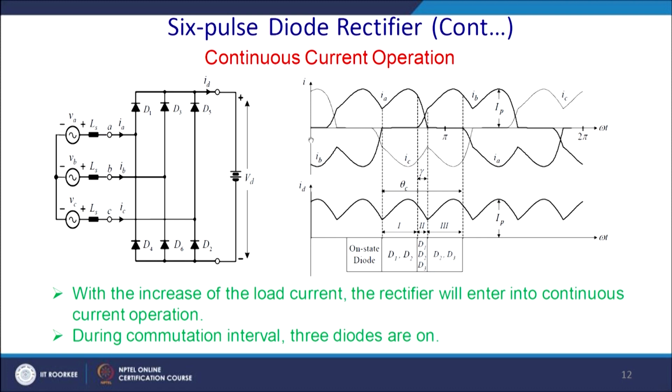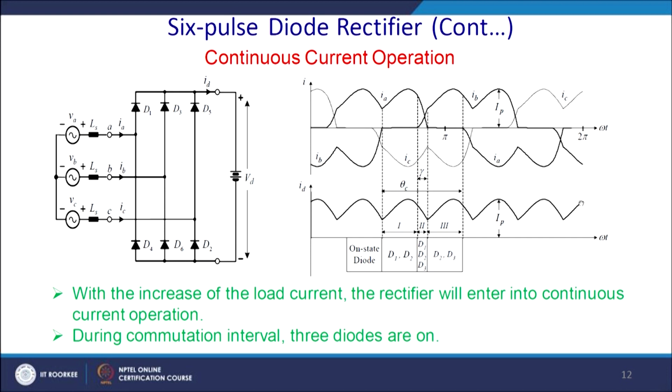So, when we increase the load current, the current becomes continuous. So ultimately IA becomes this, IB becomes this, and IC becomes this in the positive half cycle, and the current through the diode will be a continuous one.